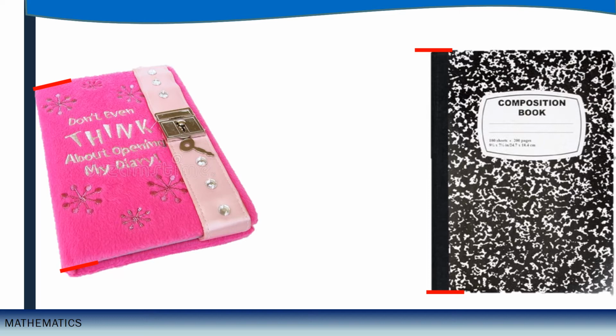I want you to tell me whose book is longer and why you say so. But before I take your guess, let me remind you of how many paper clips long each book is. Let's first look at Janice's diary. Beautiful. Now let's look at Jaden's hardcover notebook.